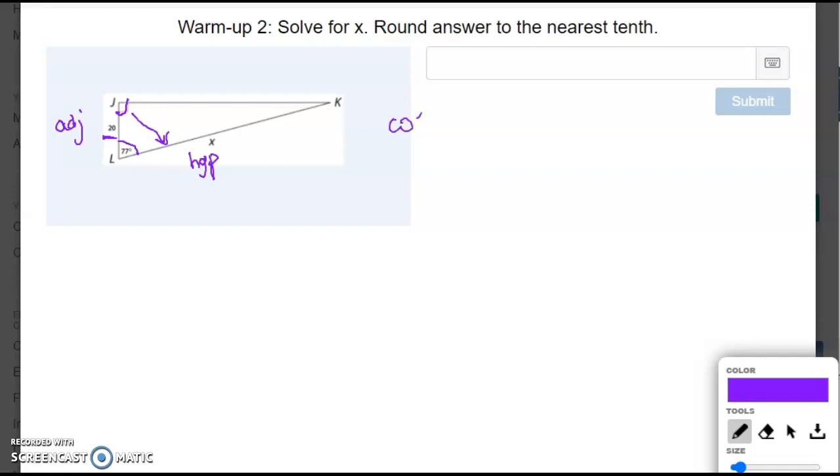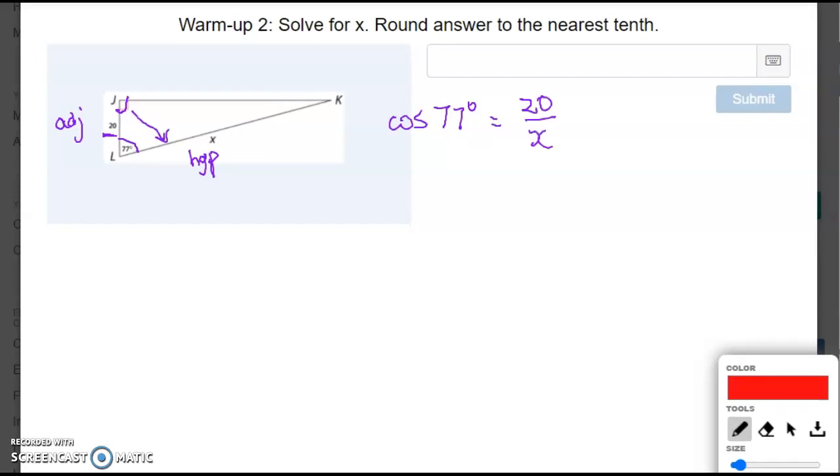That's cosine. So cosine of 77 degrees is equal to adjacent over hypotenuse. It's hard to see the number here, but I believe cosine of 77 degrees, that's the angle measure, is 20 over hypotenuse, which is x.